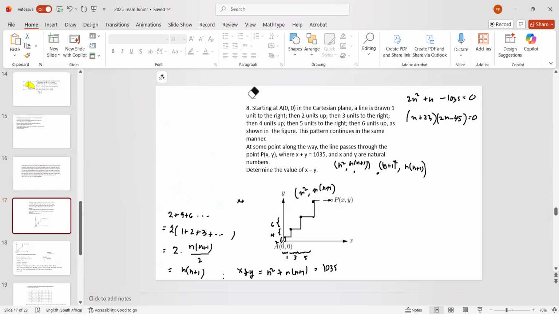If you don't know how to factorize this, you should know the formula for the roots of a quadratic equation. Now, this is a quadratic equation. Normally you have 2x squared plus x plus something, right? And that's a quadratic equation.